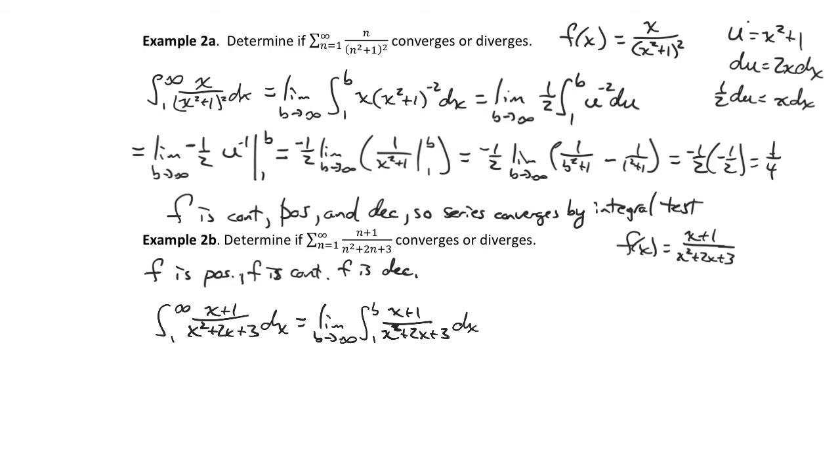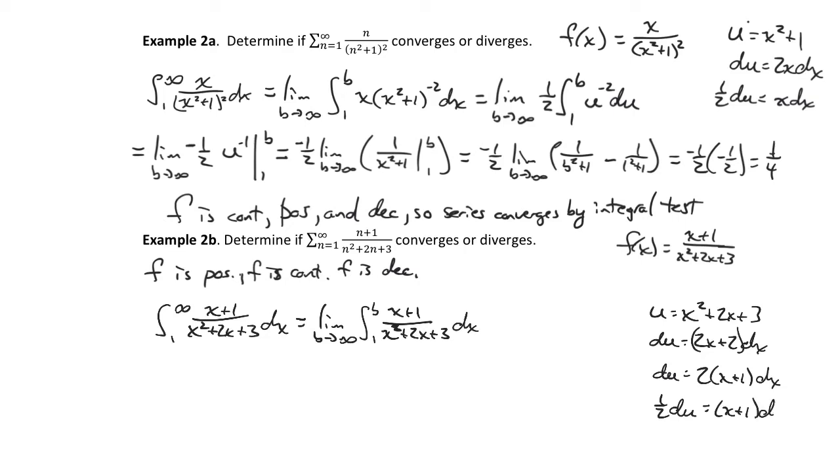The derivative of the denominator is 2x plus 2, which is a multiple of the x plus 1 in the numerator. So u equals x squared plus 2x plus 3. du is 2x plus 2 dx. If we factor out a 2, we get du is 2 times x plus 1 dx. So here we have another 1/2 du business: 1/2 du is x plus 1 dx.